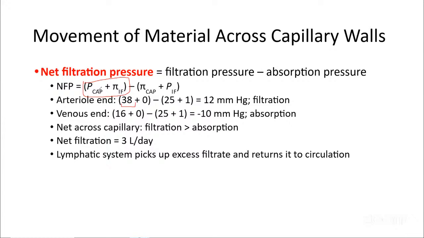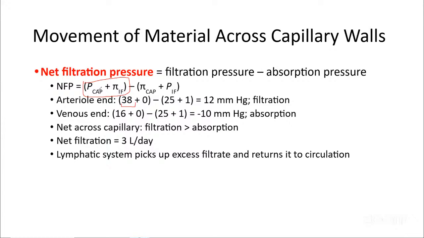So we're going to start out with a force for filtration that pushes fluid, I'll say, into the interstitial space, so towards the tissue. Okay. All our numbers stay the same as we get to the venous end, but we do see a drop in that hydrostatic pressure, right? That's the one number that's going to change, the hydrostatic pressure of that fluid inside the capillary, because we lost some on the arterial end.